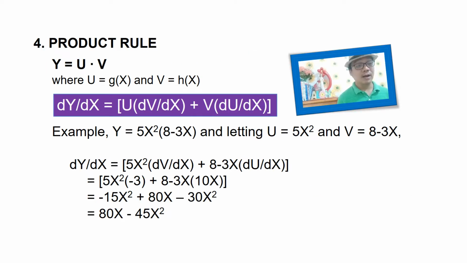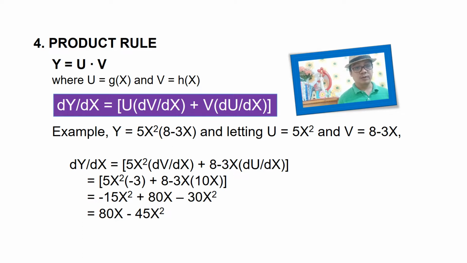Number 4, product rule. The derivative of a product of two expressions is equal to the first expression multiplied by the derivative of the second, plus the second expression times the derivative of the first. Thus, for the function y equals u times v, where u equals g of x and v equals h of x.